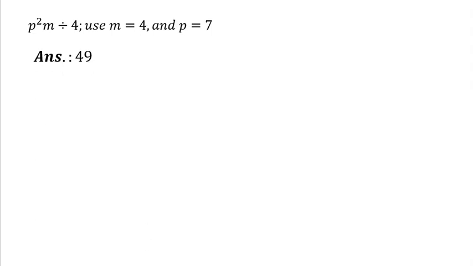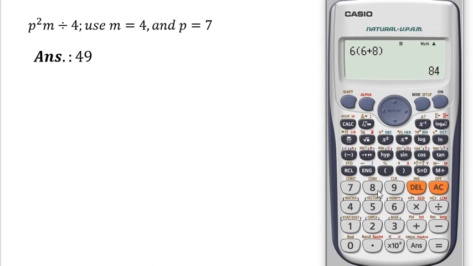Okay. We have an expression p squared multiplied to m, rather, divided by 4. So we have p squared, p is 7. So we have a function here, x squared. So we can also use that, times 4, sorry.